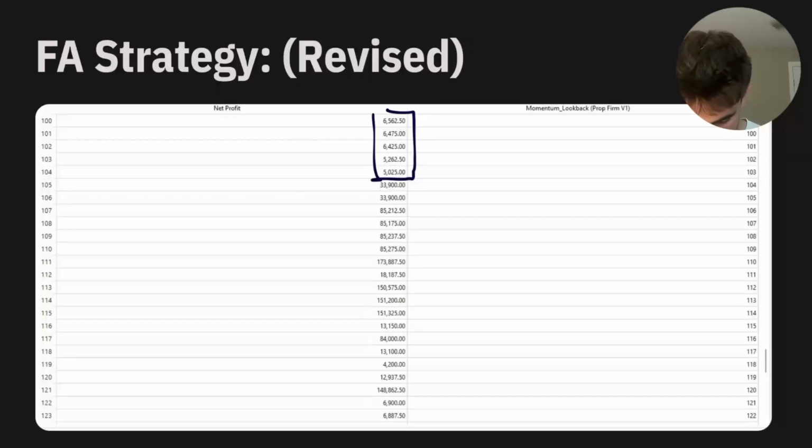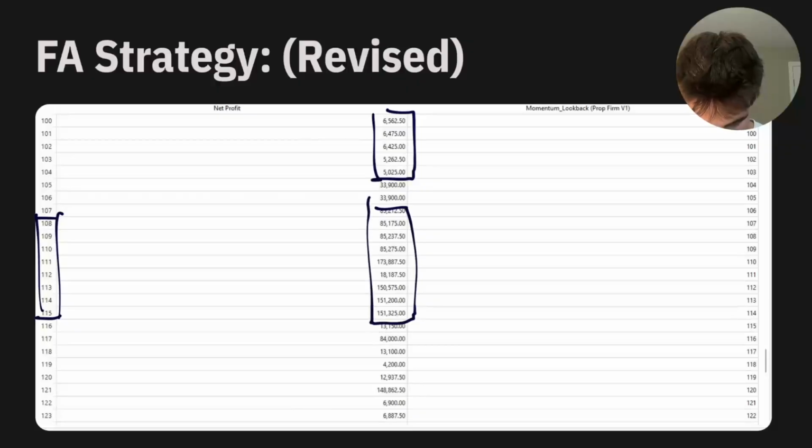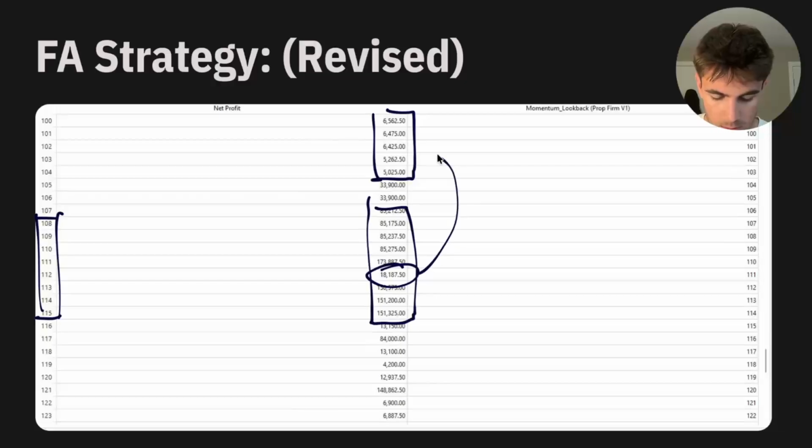But then if we look at 108 down to 115, we're looking at 85 all the way up to 173 and 150. There is one with 18,000, but again, that's still 3 times higher than over in this lower range.